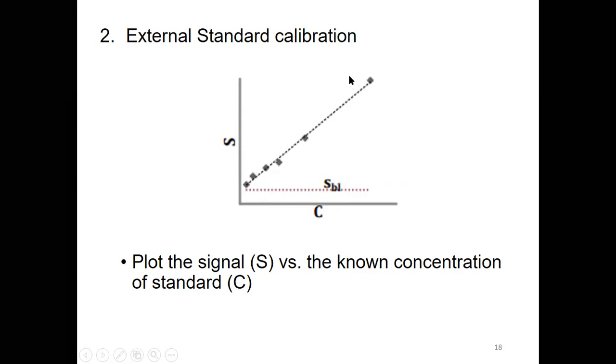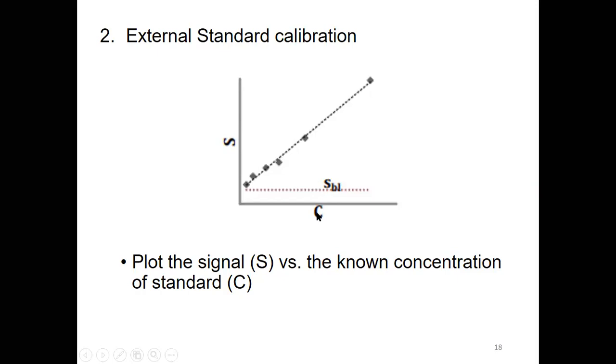Now, when we have the analyte with the unknown concentration, using the same instrument, we measure the analyte signal, the unknown signal. Suppose the unknown signal is somewhere here. Using the calibration plot, we can draw a horizontal line and a vertical line to the x-axis and find the unknown concentration easily.